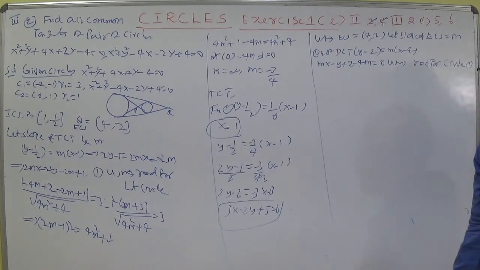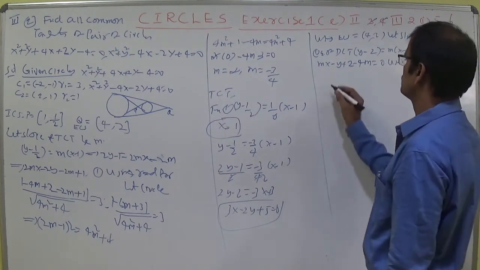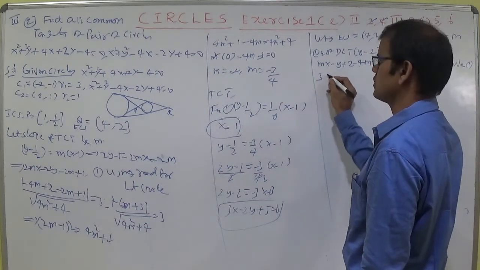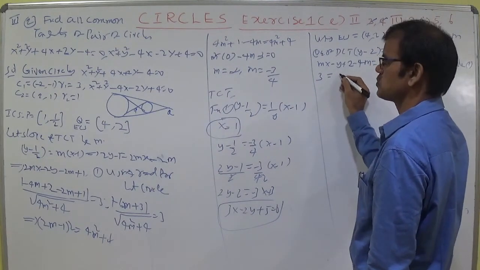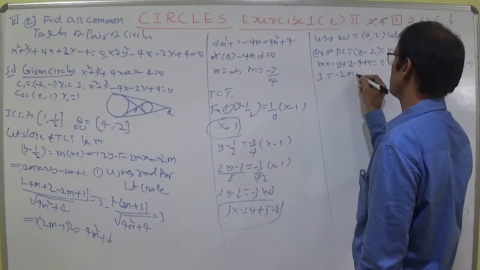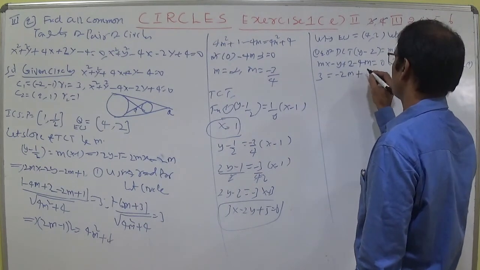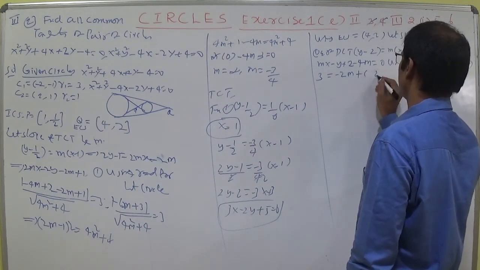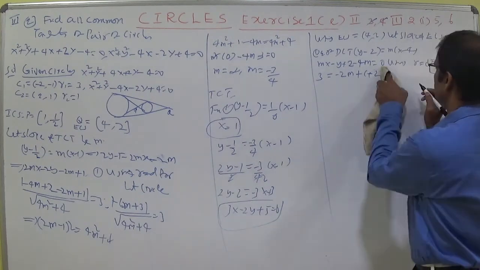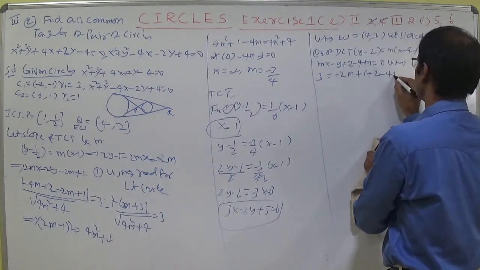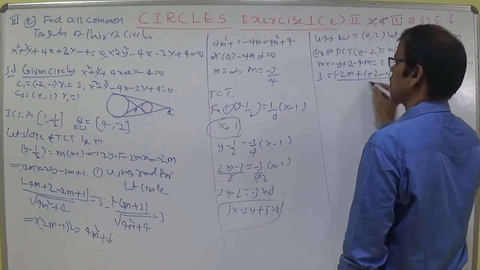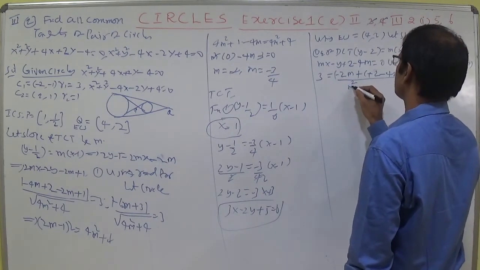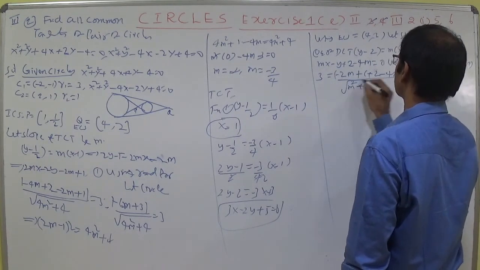Using R is equal to D for the first circle. So what is R here? 3 is equal to, substitute here, it becomes minus 2m plus 1 plus 2 minus 4m, by root of m square plus 1.